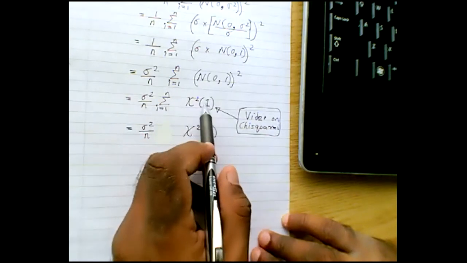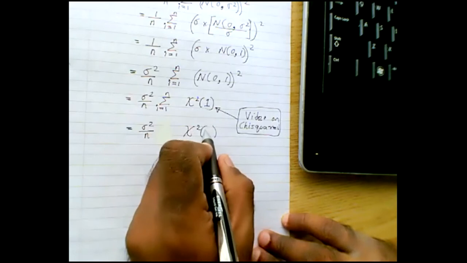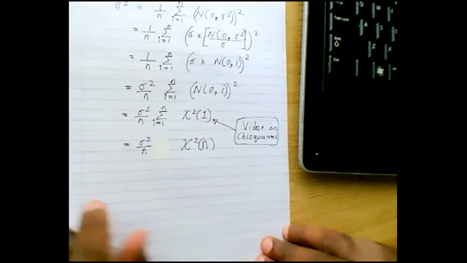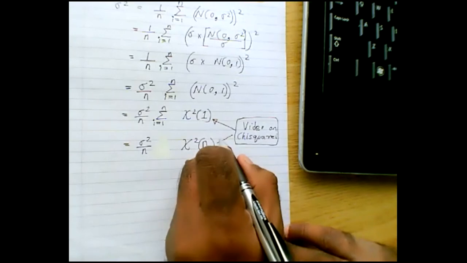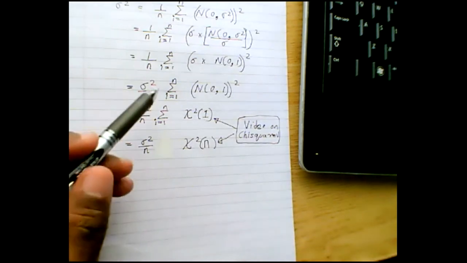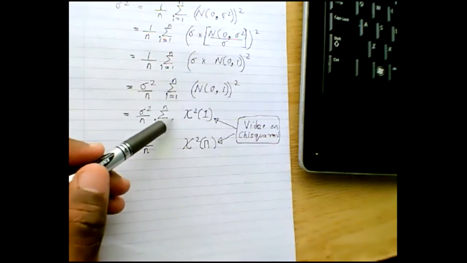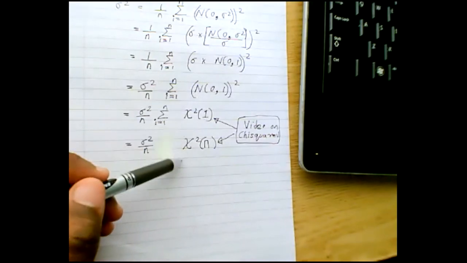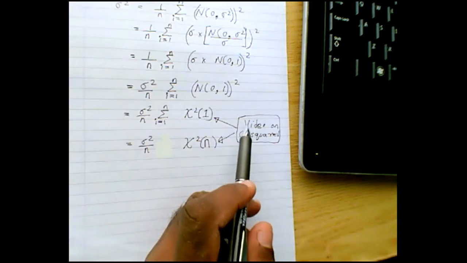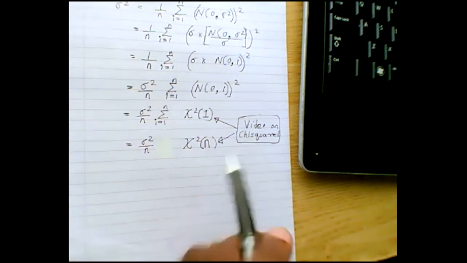If you sum 1 n times, you will get n. So both these properties come from the video that I did earlier. The step from this line to this line and the step from this line to this line both come from properties that I talked about earlier.